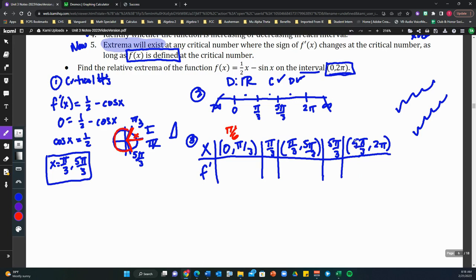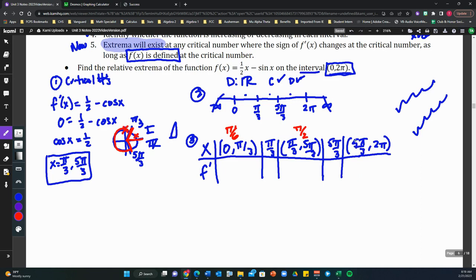I can pick anything in there that I want to. There's some decent choices in there. Again, pick the easiest ones. The quadrant angles are easier coordinates to work with, and you actually have all 3 in there. So you could do pi over 2, pi, or 3 pi over 2. I'm going to choose pi over 2, and I'll explain why in a minute, but that's my second test value.